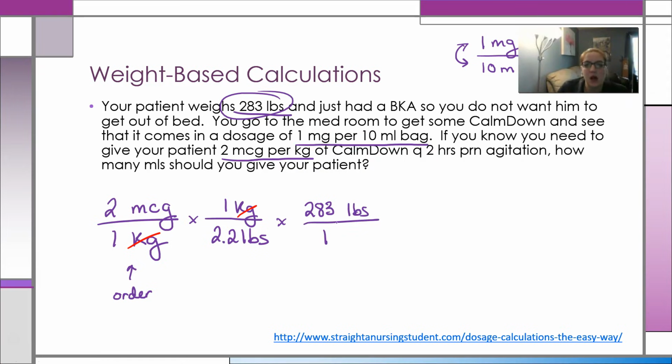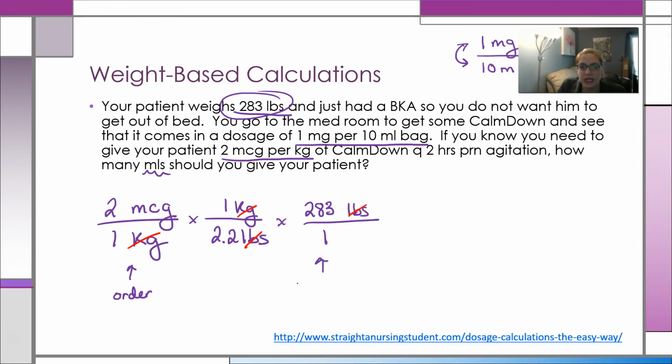Notice that the pounds cancel again. Great. So right now we have micrograms, which is not the answer we're looking for, because the answer needs to be in milliliters. So we have some more conversions to do. I'm not done yet. Let's keep going.